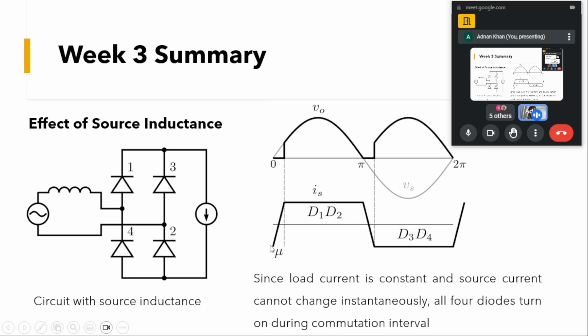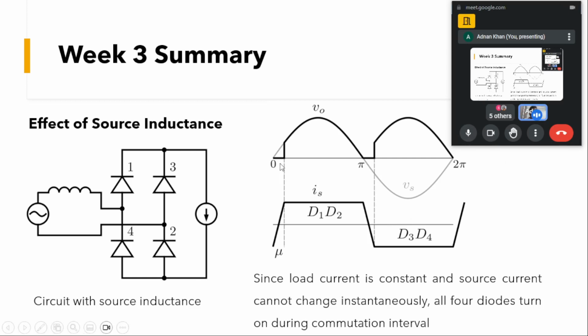all the diodes are conducting, and some part of the current will flow through one leg and some through the other. If diode 3 and diode 2 are both conducting, our load is getting short circuited, so there will be zero voltage across the load.